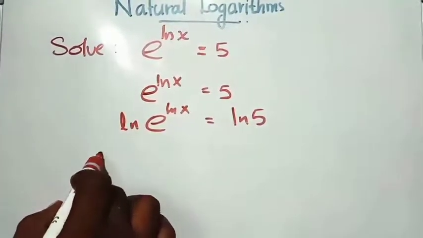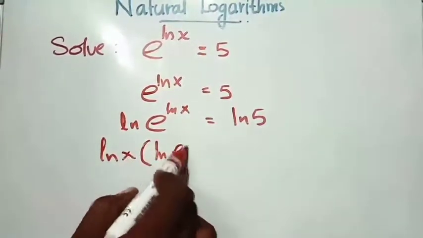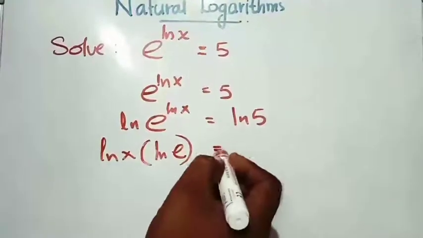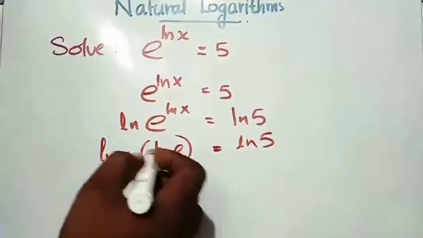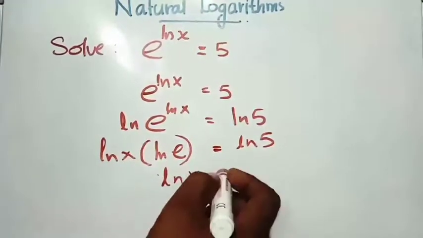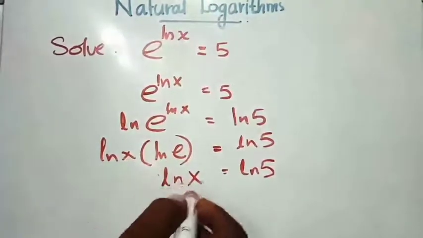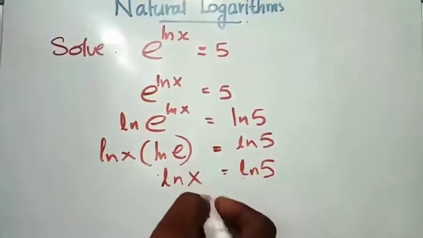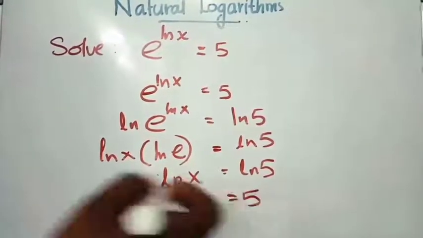So we get log x times log e is equal to log 5. You know log e is 1, so log x is equal to log 5. Now cancel logarithm from both sides. We get x is equal to 5 as the result.